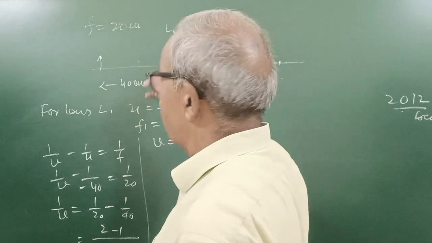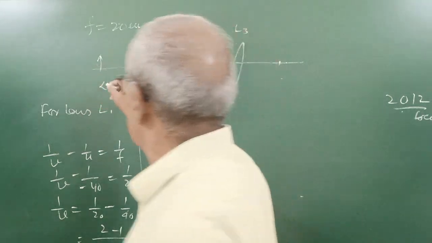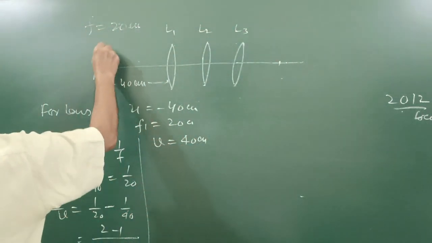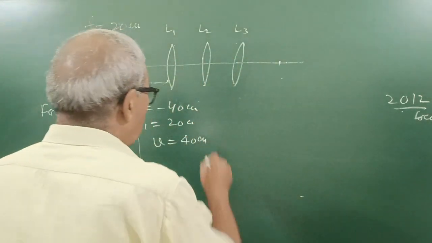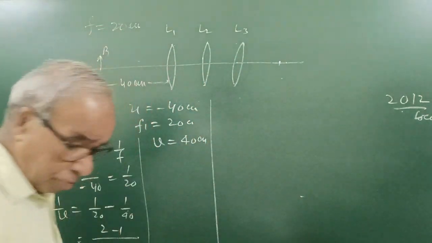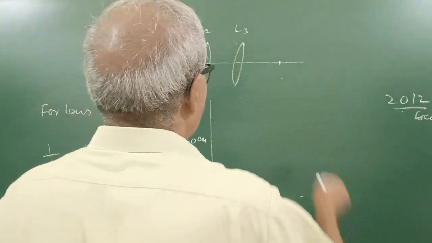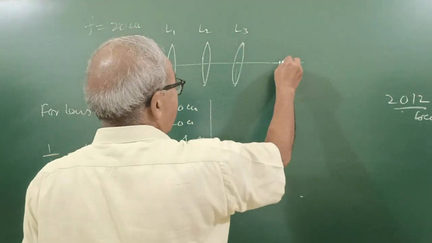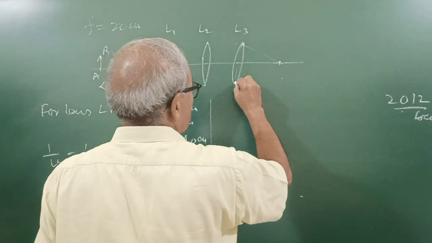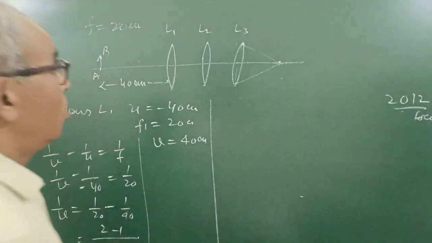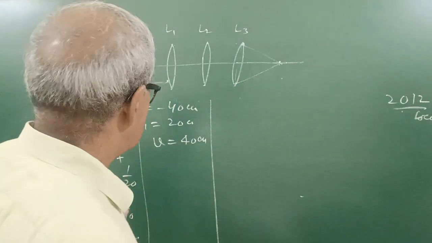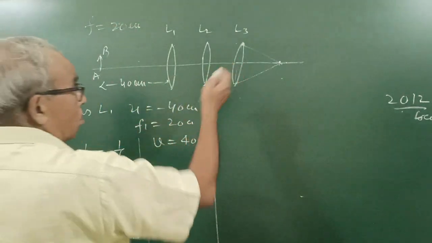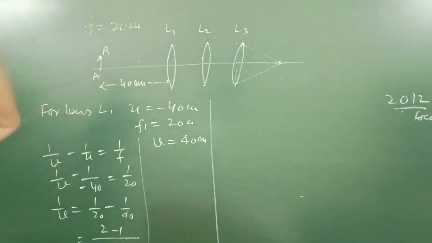By focal length 20, this object is at its 2F, so the image is at 2F. Now here, since the image formed by L3 is at its focus, so for this L3, the object should be at infinity.